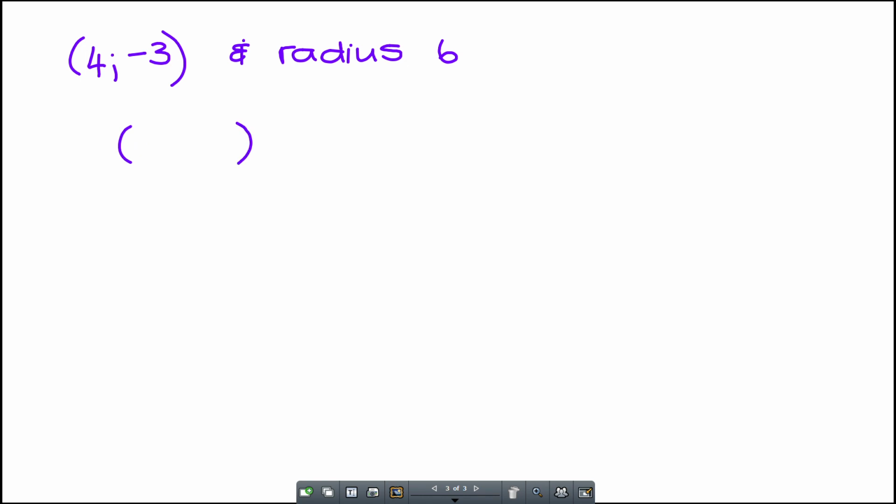Okay, so they're saying that it would be 4 and minus 3. Right. So, in radius 6. Okay. Now, we know we're going to have bracket squared plus bracket squared equal to radius squared.